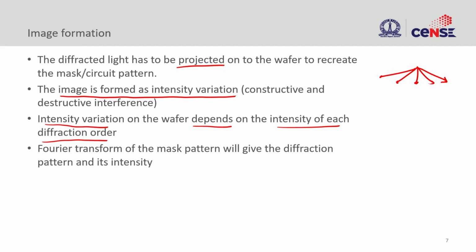This is nothing but a Fourier pattern. It's just a Fourier transformation that we see. You take a pattern, and when you illuminate it with a coherent light source, you create these diffraction orders. These diffraction orders are nothing but the Fourier transformation of the pattern that we have here.